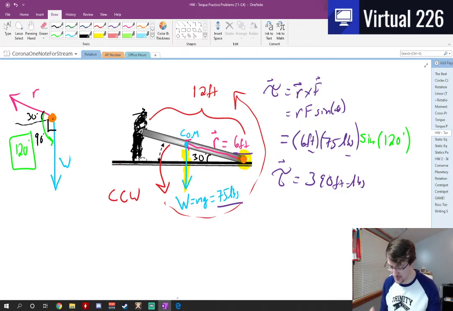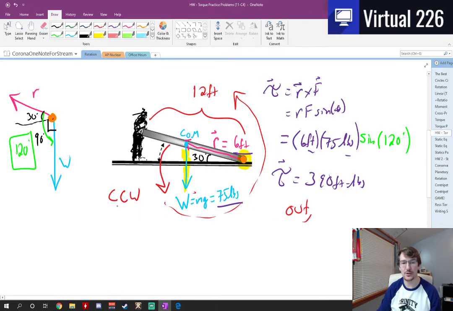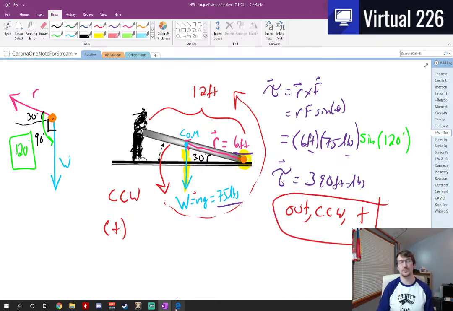So if the page is down in front of you and you turn your fingers in the same way that beam would be falling, your thumb will be pointing out of the page, and that is the direction of our torque. We can think about this torque as being out of the page, counterclockwise, and counterclockwise in mathematics is also thought of as the positive direction. So those are all the directions of the torque.